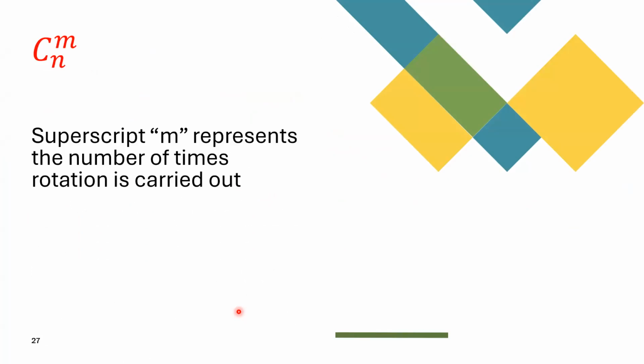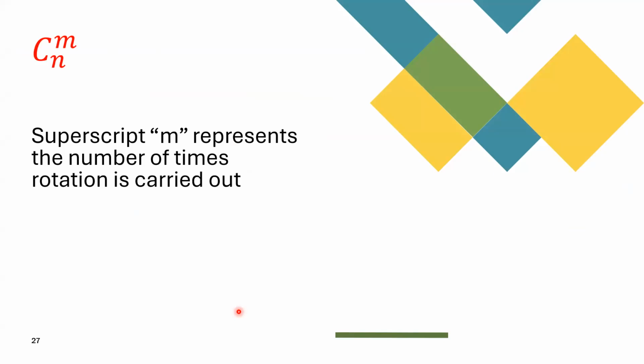So Cn to the power m, where m is the superscript and n is the subscript. Cn we know is the symbol for the rotation axis. The superscript m represents the number of times the rotation is carried out, right? Earlier we saw C2 2 and C3 3.